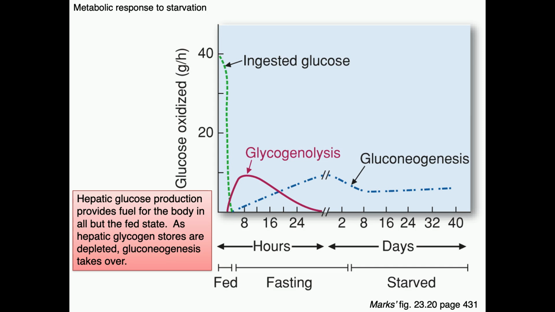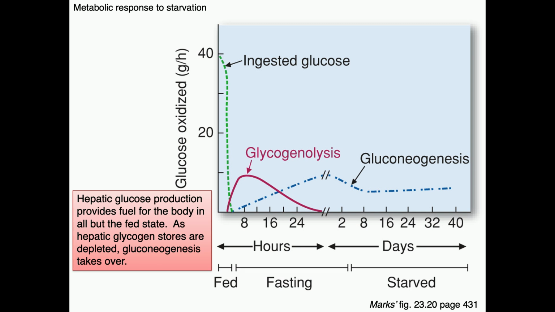Now, you'll notice here that the gluconeogenesis increase ramps up, and then say you eat dinner at 6 o'clock and you normally eat breakfast at 6 o'clock in the morning, and then you don't do that, the gluconeogenesis rate is going to drop off from its maximal overnight rate.